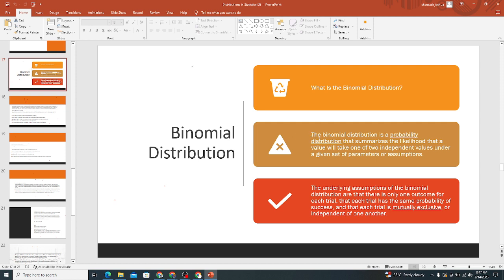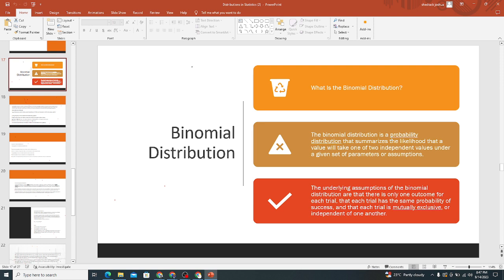The binomial distribution is a probability distribution that summarizes the likelihood that a value will take one of two values under a given set of parameters or assumptions. So the binomial distribution shows us the likelihood of one of two events happening.